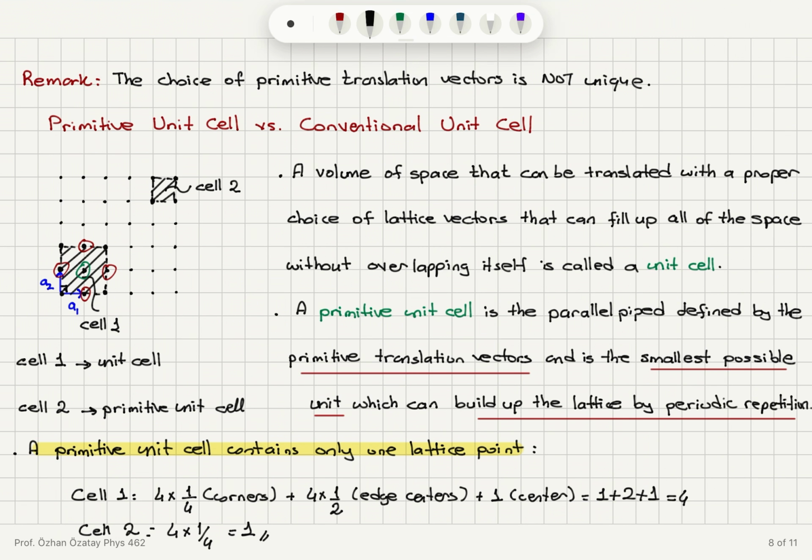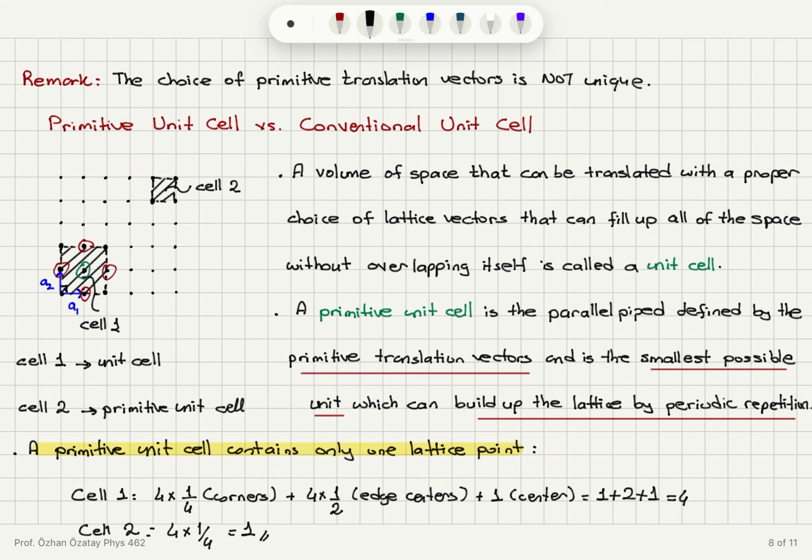And when we look at the possible unit cells that we can define, we have two types. We can have unit cells that do not overlap themselves and can fill up the whole space. However, such a cell does not have the smallest possible volume in 3D or area in 2D. The one that occupies the smallest amount of space is called the primitive unit cell.